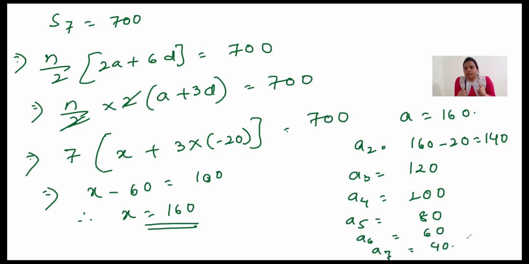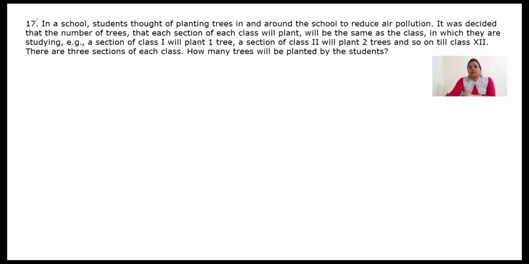So our 7 prizes were: first prize 160, second prize 140, third prize 120, fourth prize 100, fifth prize 80, sixth one is 60, and the seventh prize is 40. When we add all the prize money, we will get 700 as the answer. Clear? Let's move to the next question. 17th one. In a school, students thought of planting trees in and around the school to reduce air pollution.